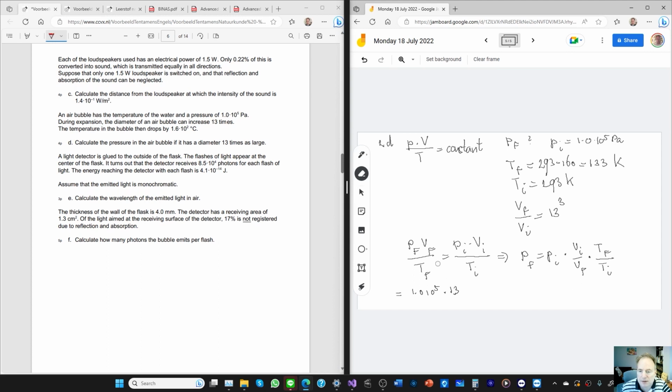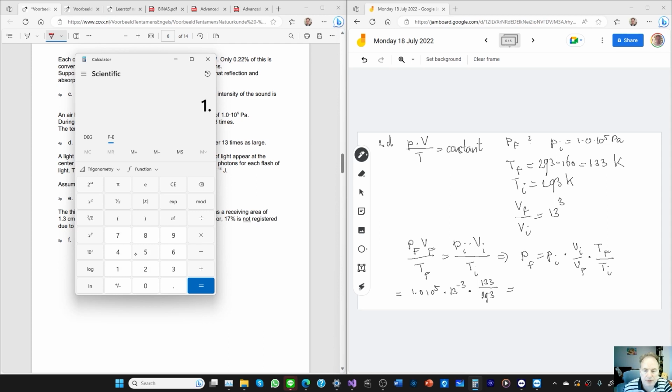So I get 13 to the power negative 3 times the ratio of the temperatures. So 133 divided by 293. Okay.